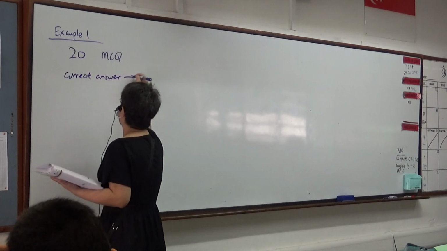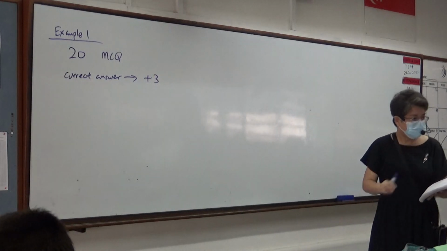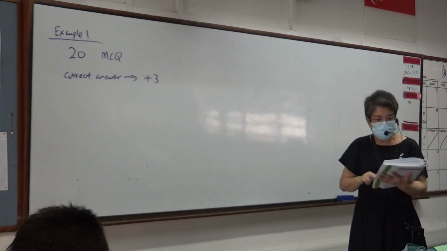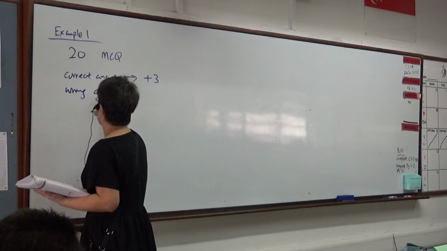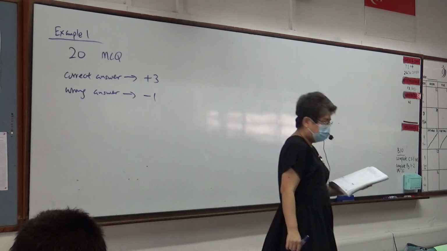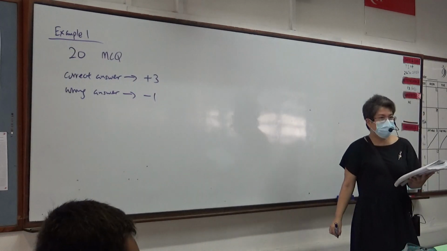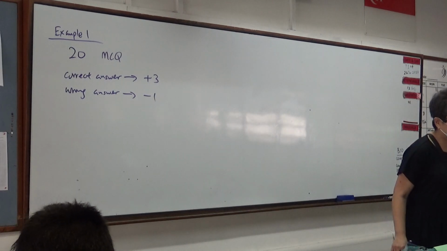Correct answer, I give 3 points. 1 point is deducted for a wrong answer. Wrong answer, I minus 1 point. No points are awarded or deducted for an unanswered question.